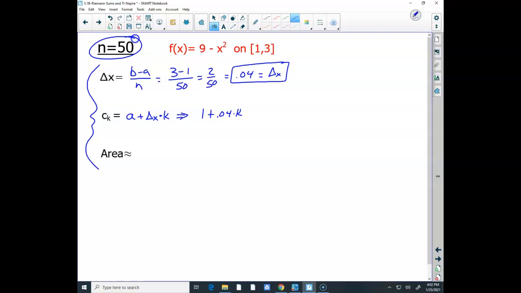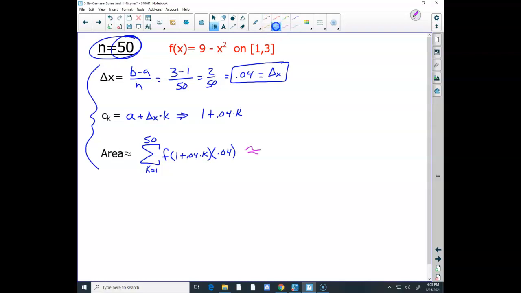That's my c sub k, which means my area function is going to be approximated by the sum from k equals 1 to 50 this time of f of c sub k, which is 1 plus 0.04 times k, times 0.04, okay? Just know that's the easy way to type it into the TI-Nspire.